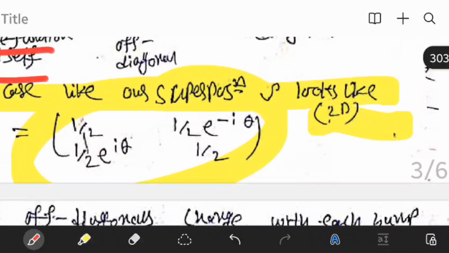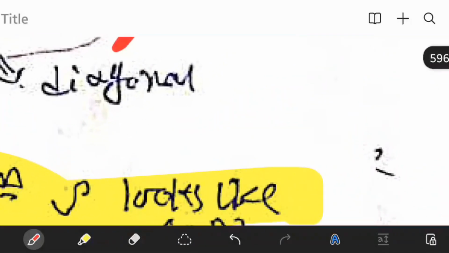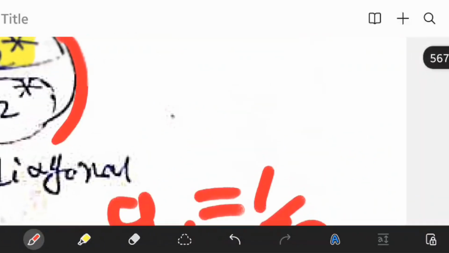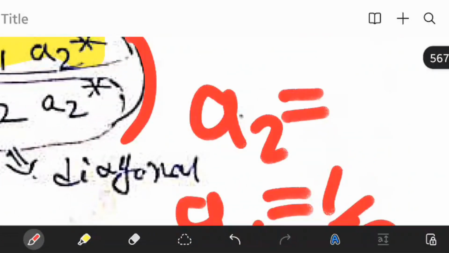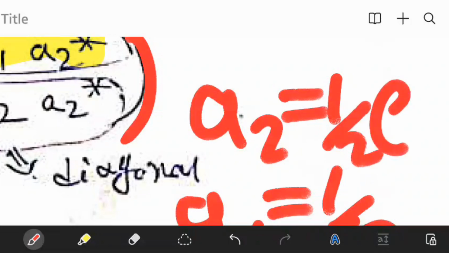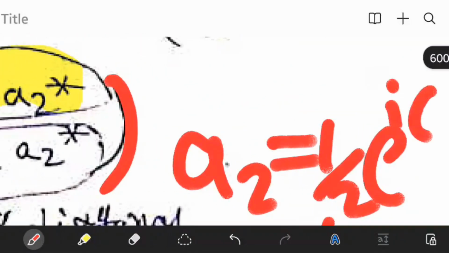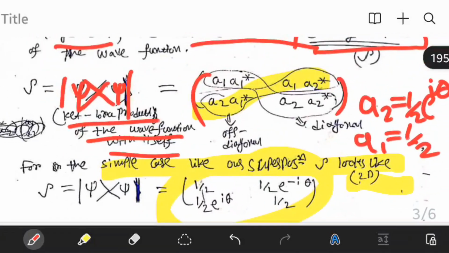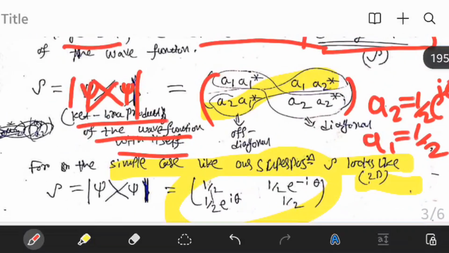If you recall, we took A1 to be 1/2 and A2 to be 1/2 e raised to i theta. So we will get that if we put the values.